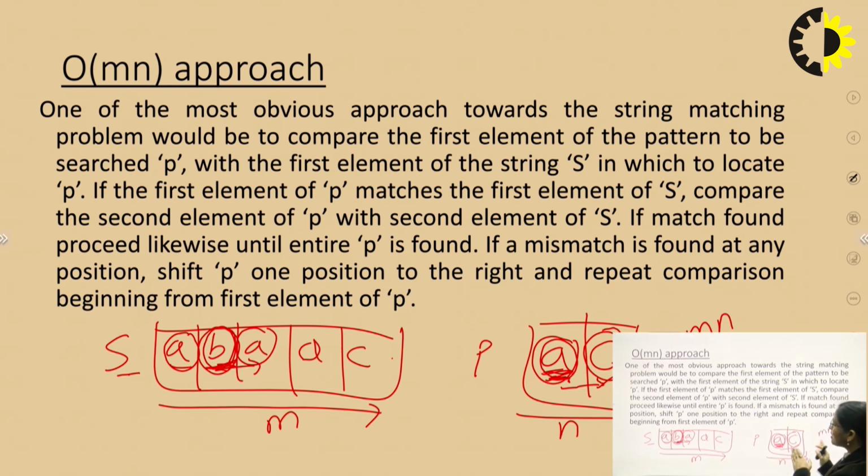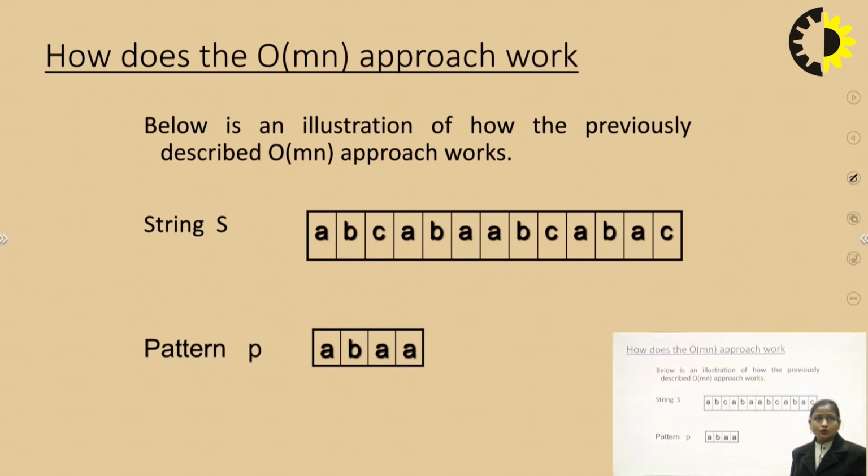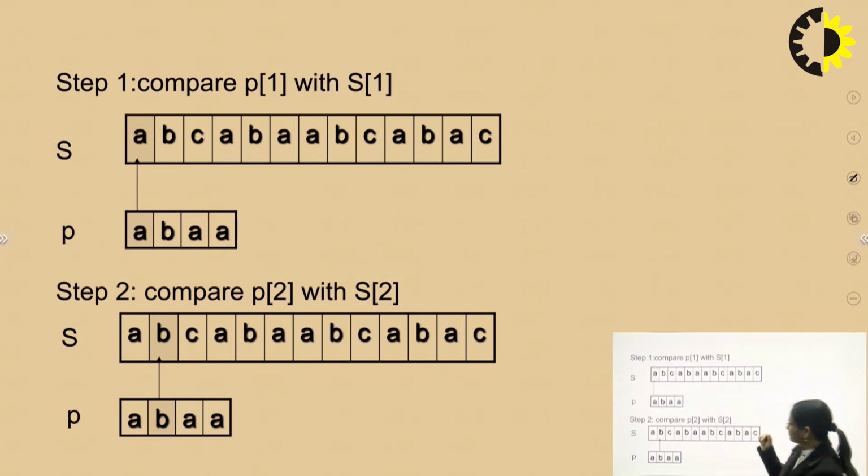So this is the basic approach, but the KMP matcher approach is somewhat different. Here the string S is A, B, C, A, B, A, B, C, A, B, A, C. This is the string given, and this is the pattern. Here we compare P1 with S1.